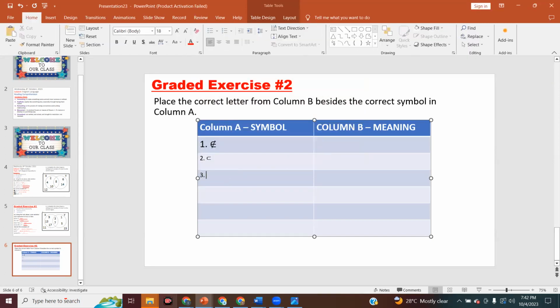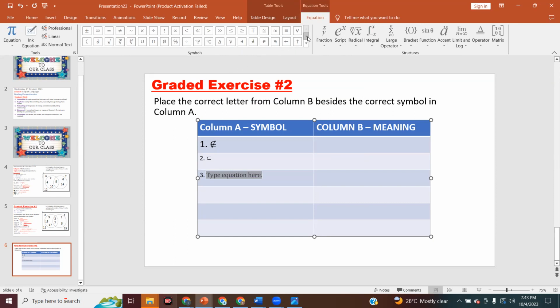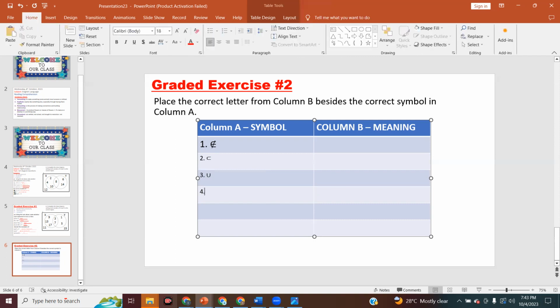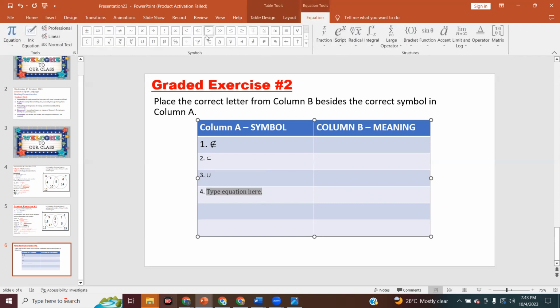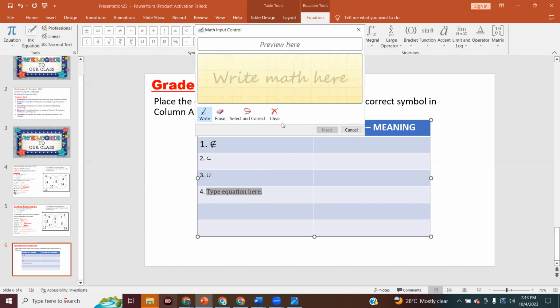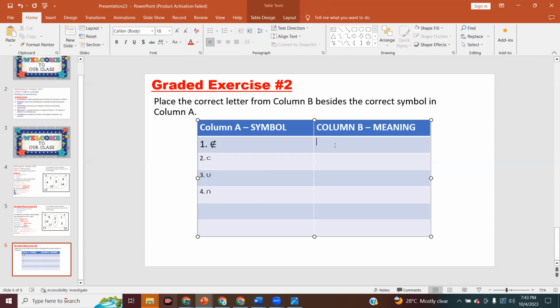For number 3, let's say we have that symbol. Number 4, let's say we have... All right, let me enlarge this.